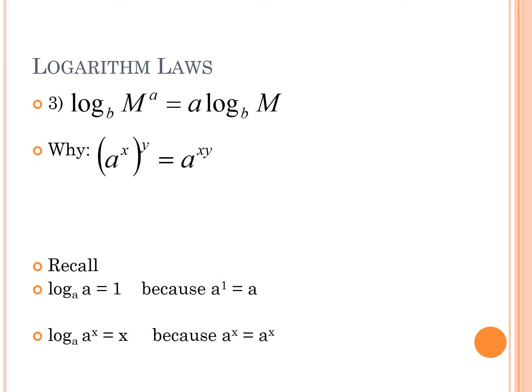And so another way of writing this logarithm is by pulling that a out front and multiplying it times the log. This can go both ways. If you have a number in front, you could raise it up to the exponent, and vice versa. If you have the number in the exponent, you can bring it out front. And again, that's because we multiply our exponents there.